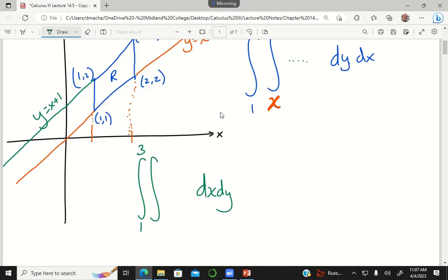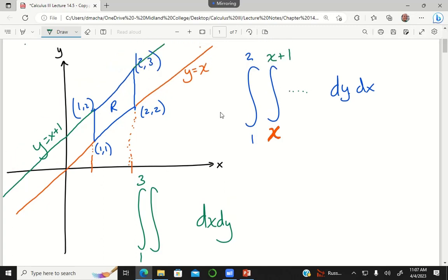But then if you try to look at the lower bound of x, it's actually a piecewise function, right? Part of my lower bound of x is just 1, it's constant with respect to y. And then another piece of my lower bound of x is the line y equals x plus 1, right? Or I could rearrange this and say x equals y minus 1.